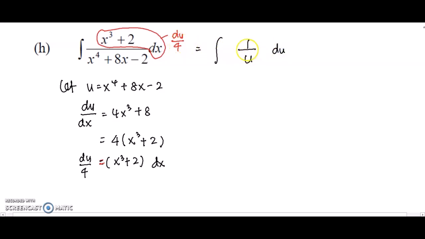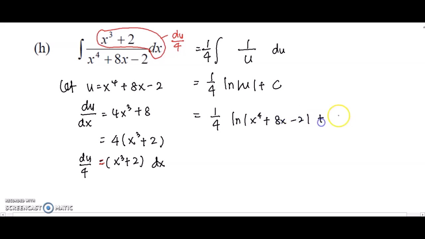The 1 over 4, I'm going to put out as a coefficient. Integrate 1 over u with respect to u, you have log u plus c. Then for the final answer, we should replace back the u as x to the power of 4 plus 8x minus 2, plus c.